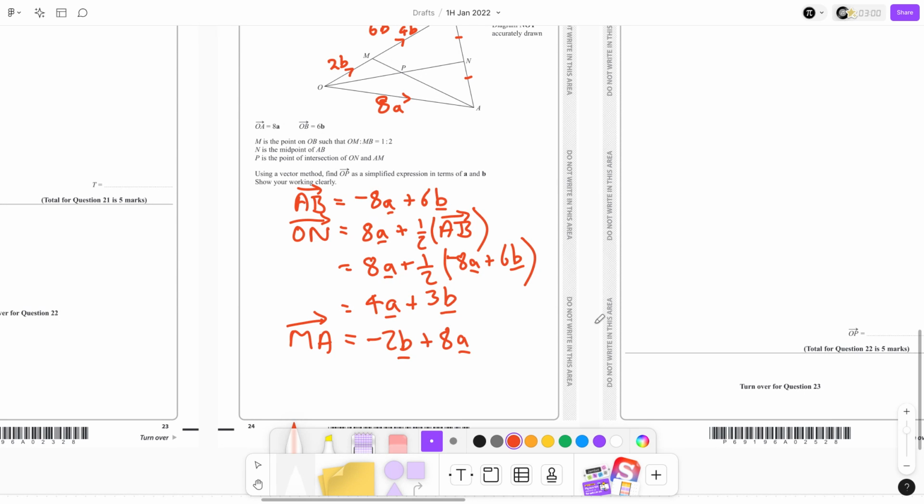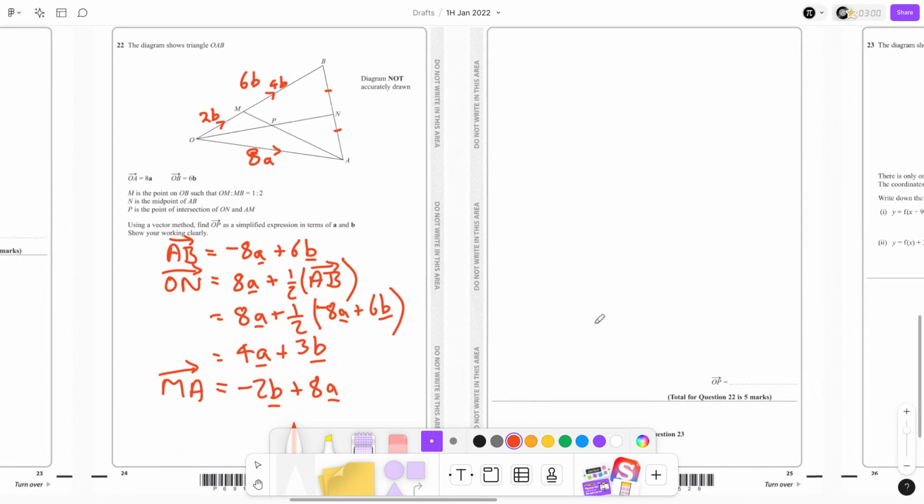Okay, now here's the crucial bit. There are two different ways that we can get from O to P. So O to P, we can go up here and down here, which is O to M, which is 2B, plus some fraction, and we don't know what it is, let's call it lambda, of MA.